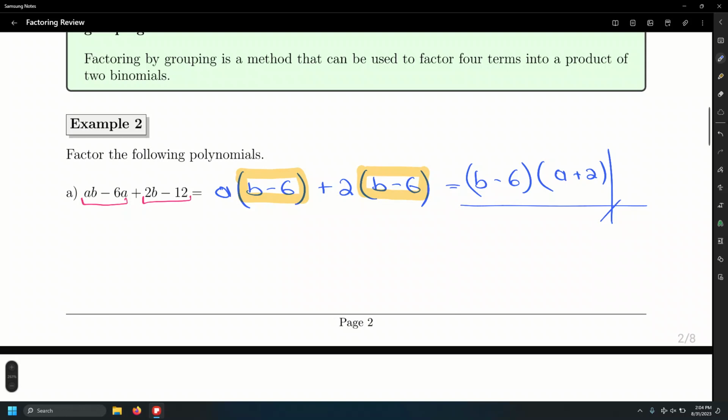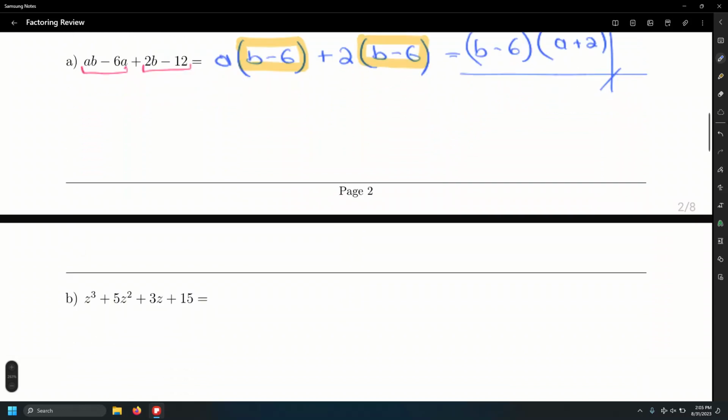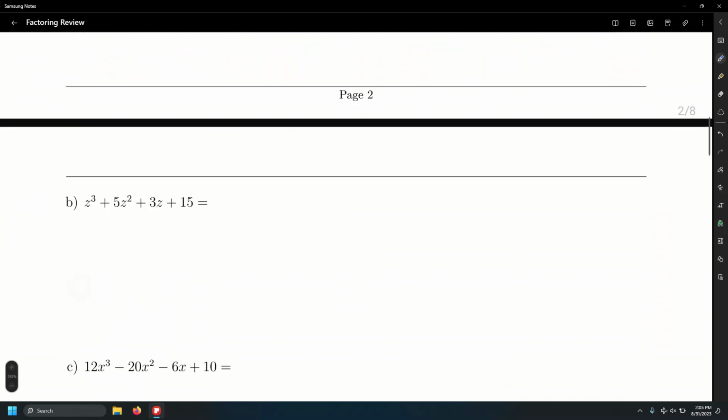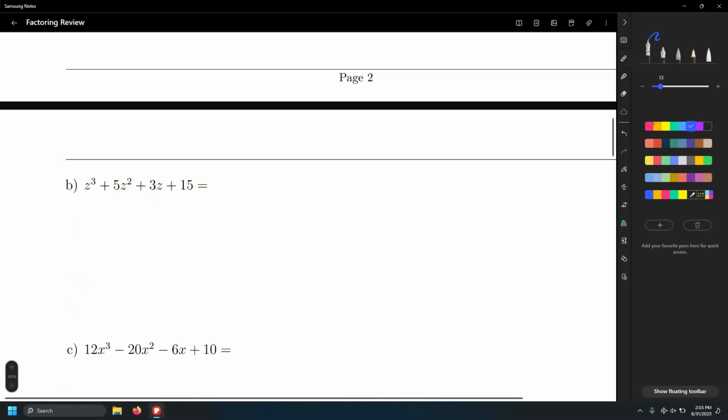Let's look at another example, letter B. Again, start by grouping. Typically, it always works to just group the first 2 terms and the last 2 terms together, and focus on getting the GCF of the first group first, and then the second group.